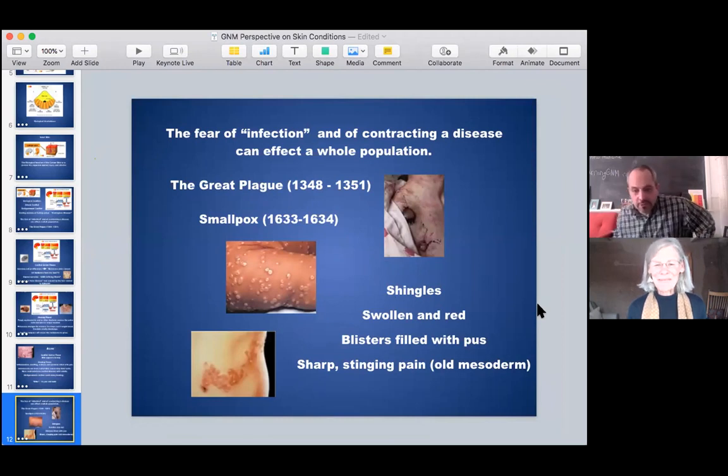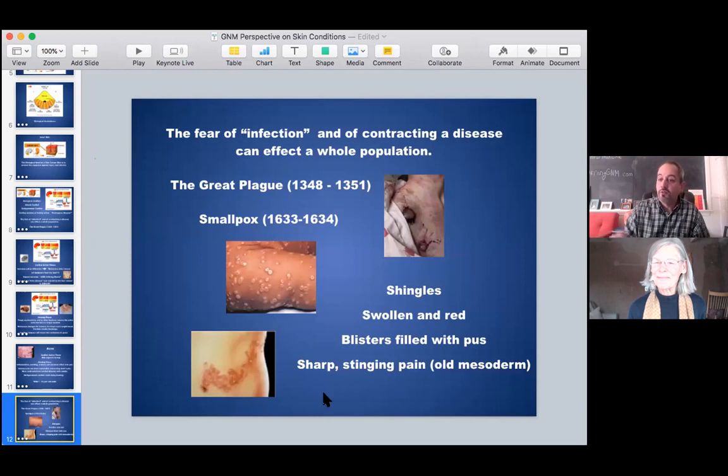So shingles, what are shingles? Well, shingles look like this here. It's swollen, it's red, and there's blisters filled with pus, right? And also there's an accompanying pain that's very characteristic of tissue that's controlled by this area of the brain. It's a sharp, stinging pain.